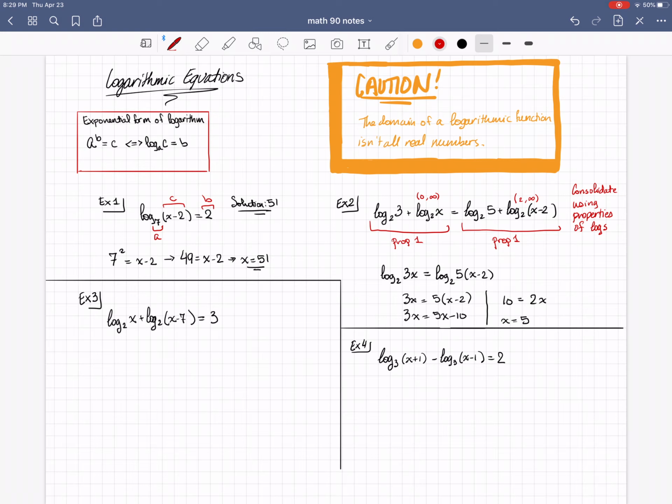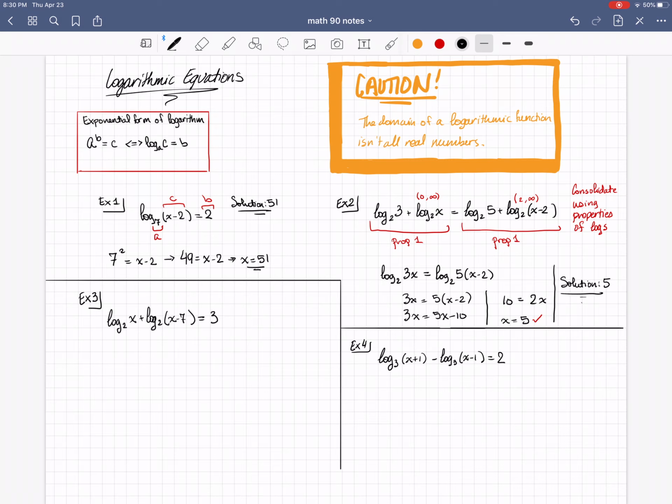Log base 2 of 5 and log base 2 of 3 are constants, so there's no domain issue there. Is 5 both greater than 2 and greater than 0, right? That's what we're looking for here, that 5 satisfies both of them. And yes, it does. So since 5 satisfies both domains, 5 is the solution to this equation.